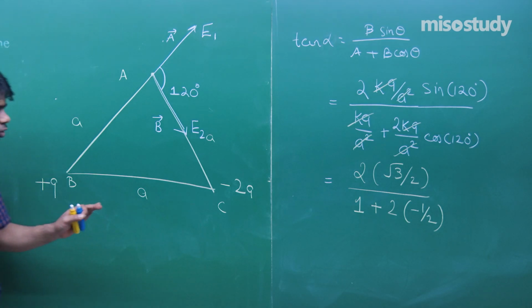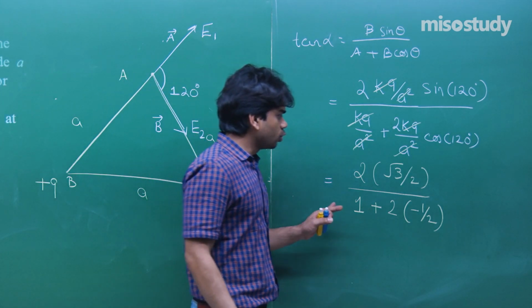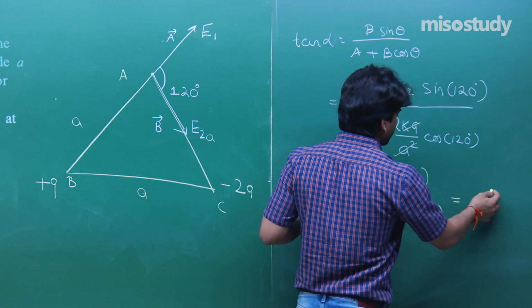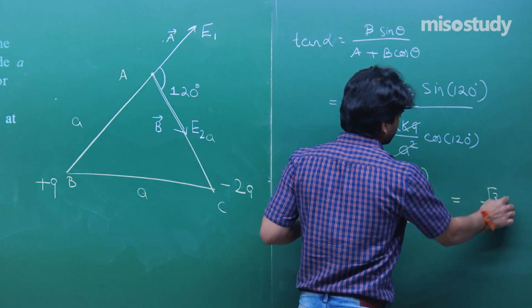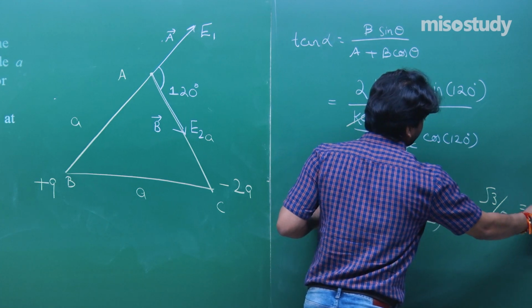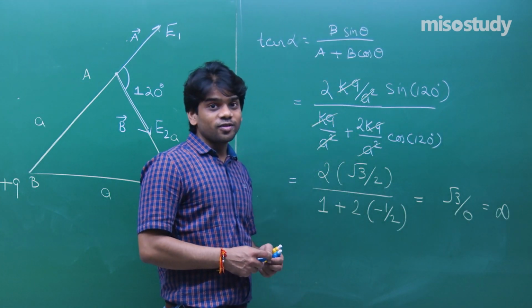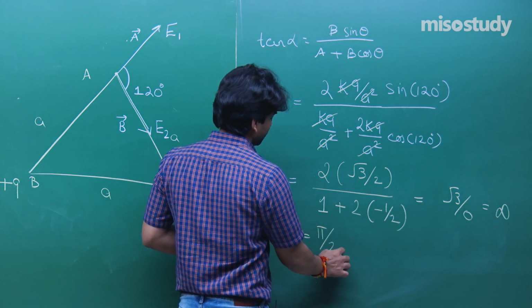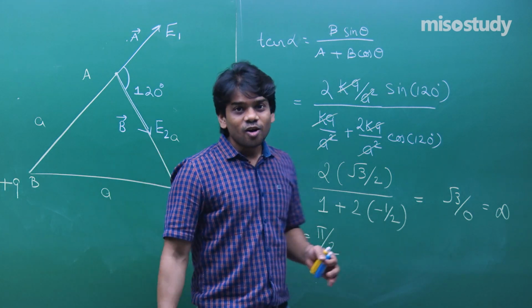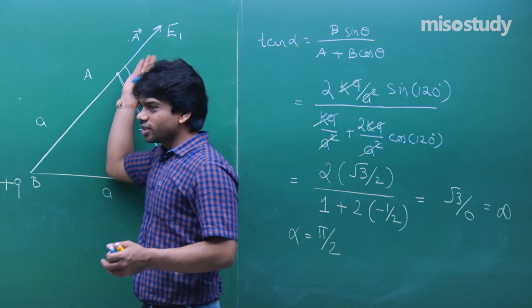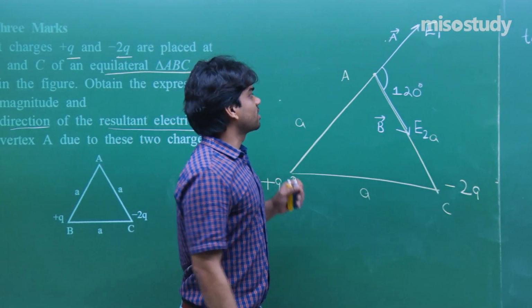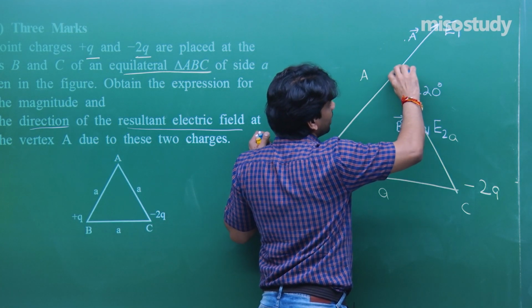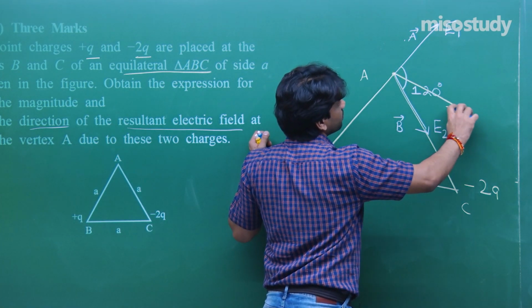So I believe that you have already calculated the angle. It was not too tough for us to make it out. See, this will give you root 3 divided by 0. So this is undefined. Tan of an angle that is undefined, so that alpha will be 90 degrees. We know that tan 90 is undefined. What does that mean? With respect to this vector A, the resultant is lying at an angle of 90 degrees. So it will be lying somewhere here.